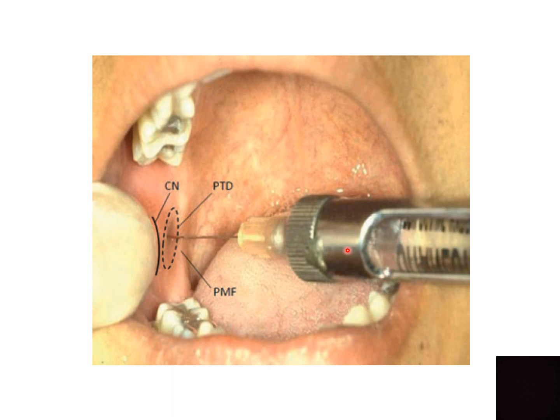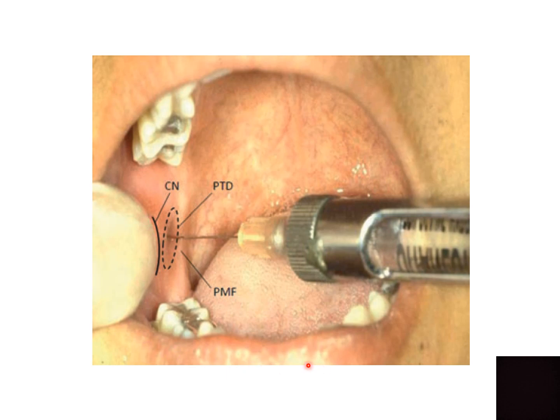You will place the barrel of your syringe on the contralateral premolars, staying fractionally clear of the occlusal plane, and then you would attempt to insert your needle lateral to the pterygomandibular raphe, this fold of tissue, into the pterygotemporal depression, so that your needle penetration is roughly 2 centimeters posterior to the height of your thumbnail.